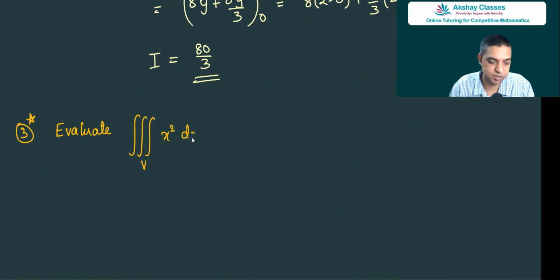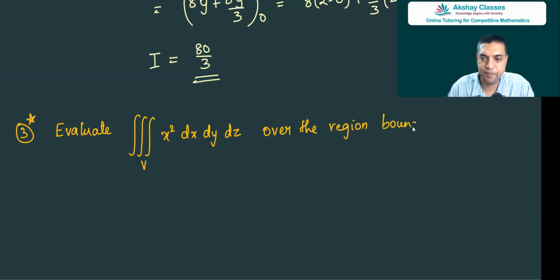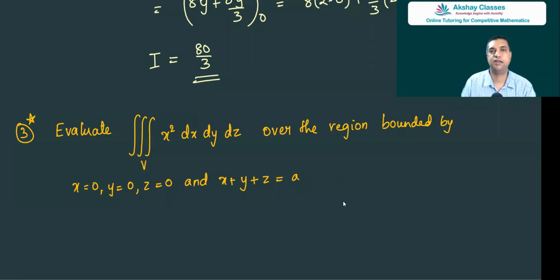the integral of x square dx dy dz over the region bounded by x equal to 0, y equal to 0, z equal to 0, and x plus y plus z equal to a in the positive octant.